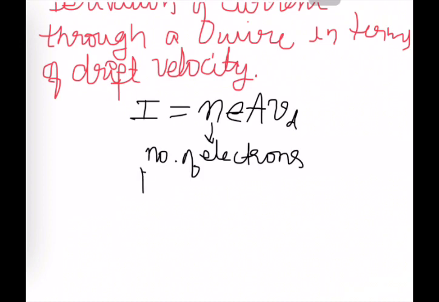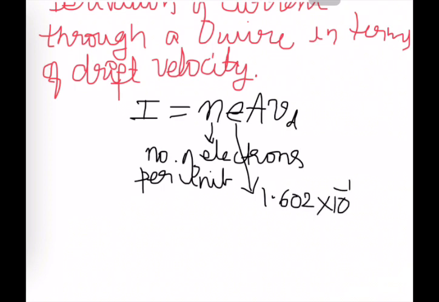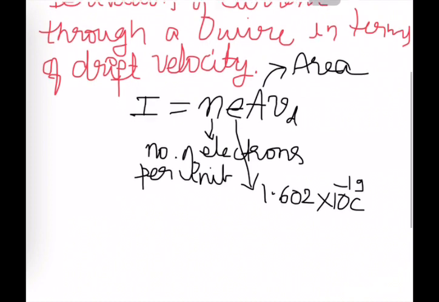E is the charge on one electron, 1.602 into 10 to the power of minus 19 coulombs. A is the area of cross section of the conductor. V is the drift velocity.